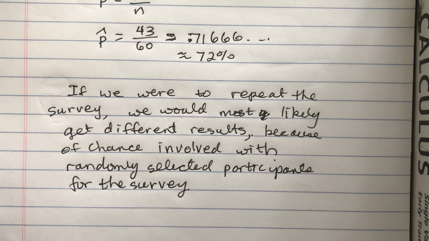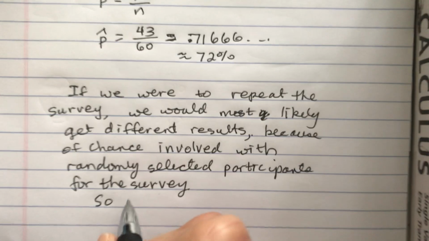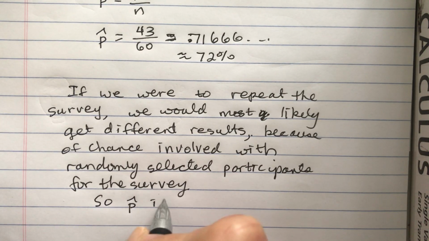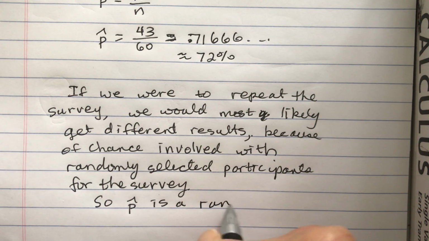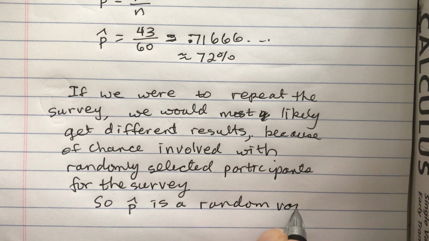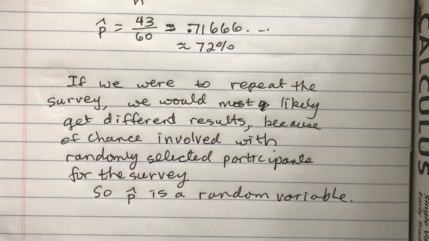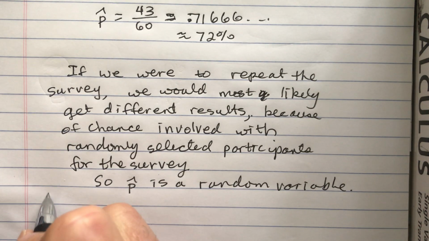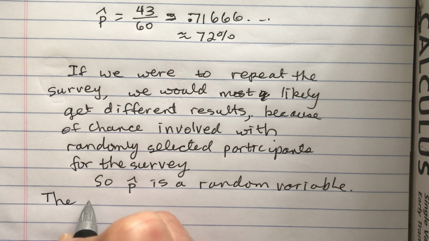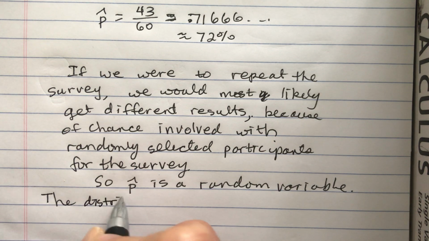So that's why p hat is a random variable. And it turns out that the distribution is normal.